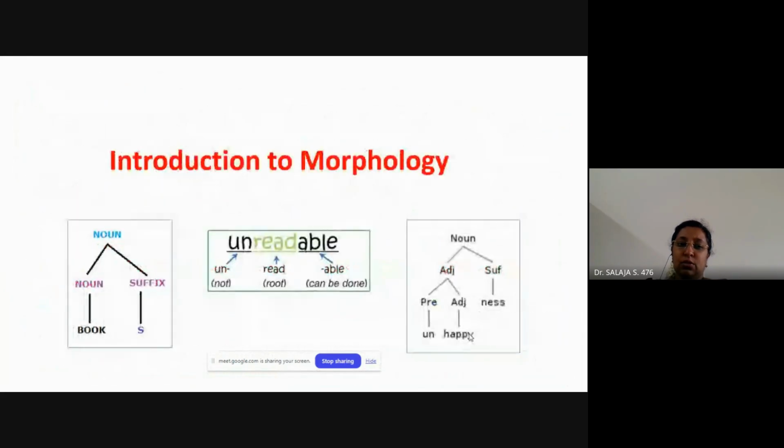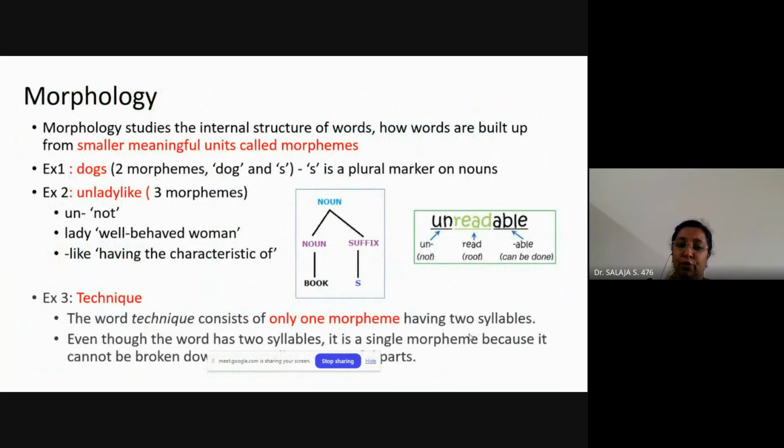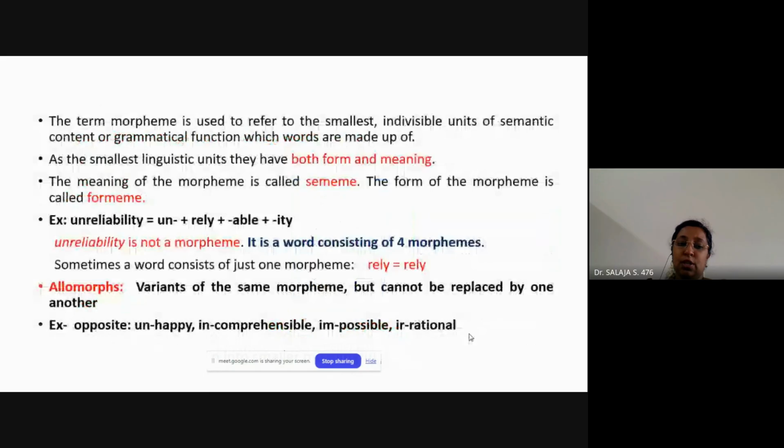So to recollect, we were talking about the morphemes, which are the basic units which give the meaning. The way in which the morphemes are arranged, you call it as phoneme, and the meaning which is given to it is termed as sememe.